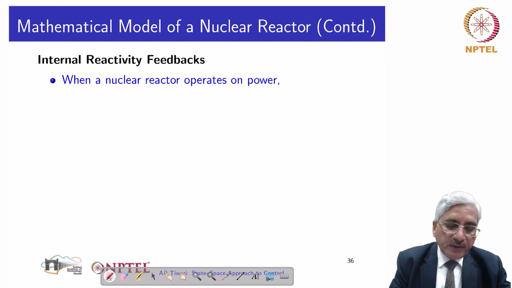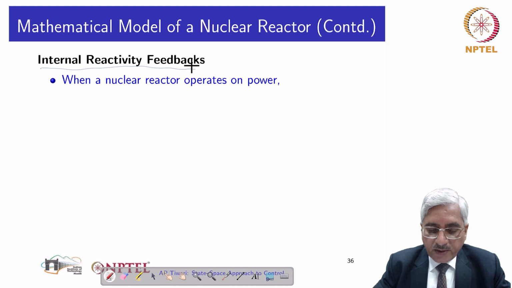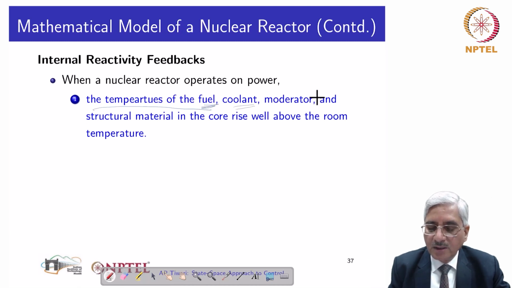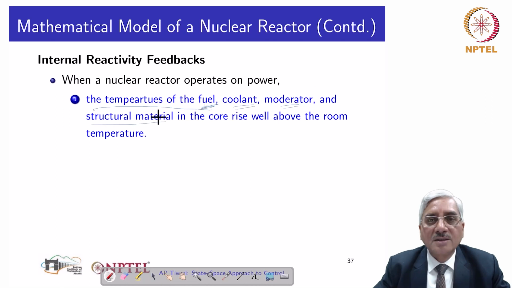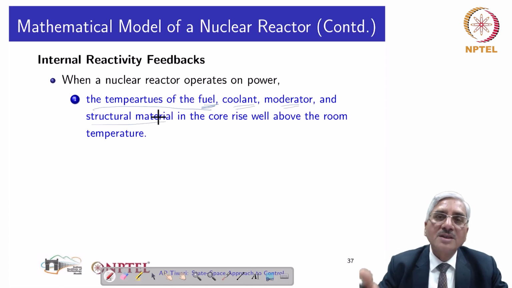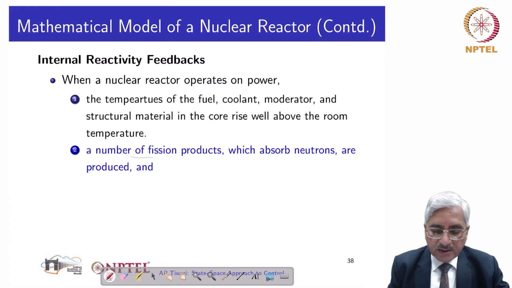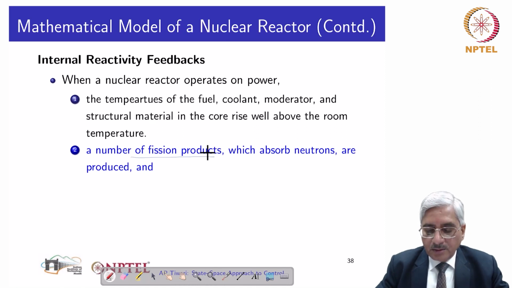There are some other phenomena. One is called internal reactivity feedbacks. When a nuclear reactor operates on power, the temperature of various core components, fuel, coolant, moderator, and even the structural material inside the core, rises well above the room temperature. And thereby, because of change in temperature, the absorption characteristics differ, and that generates internal feedback. Similarly, many of the fission fragments are neutron absorbers.